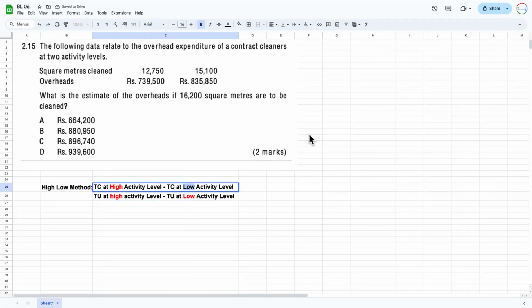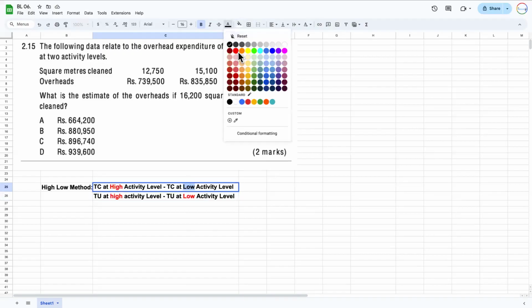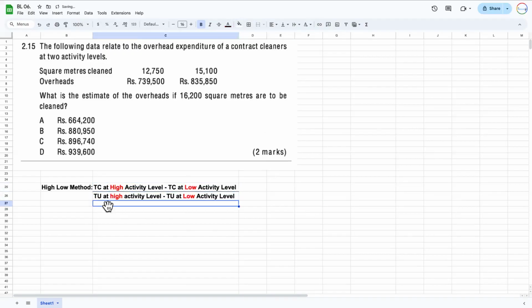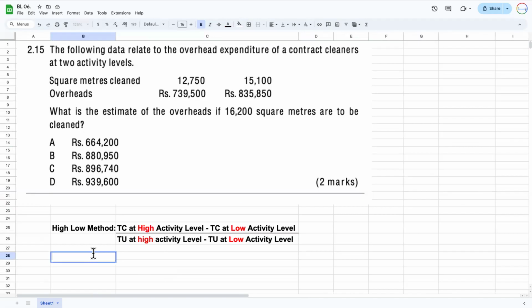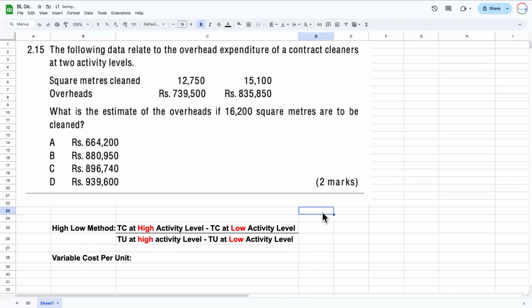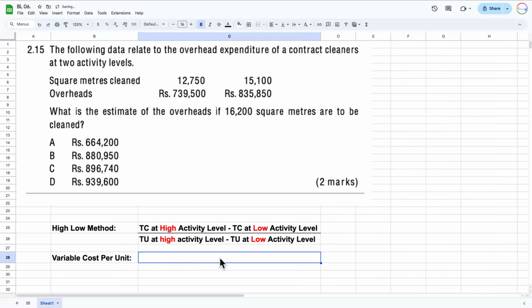So this is the formula we have to understand. Once you do this, you will reach the variable cost per unit or per square meter, whatever unit they are offering in the exam. So this is the method.